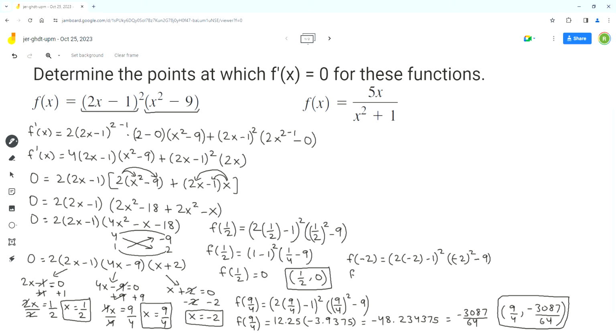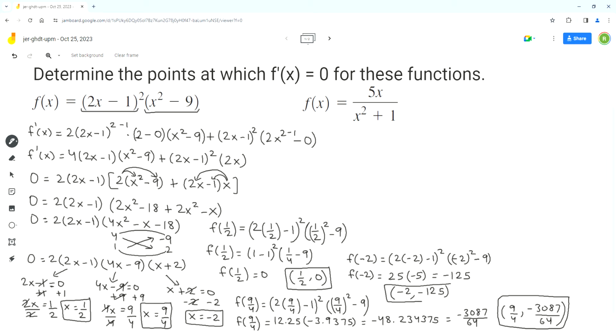So we get f at negative 2 equals, 2 times negative 2 is negative 4, minus 1 is negative 5, and negative 5 squared is positive 25, times, now negative 2 squared is positive 4, and minus 9 will be negative 5, which is equal to negative 125. So the third point is negative 2, negative 125.